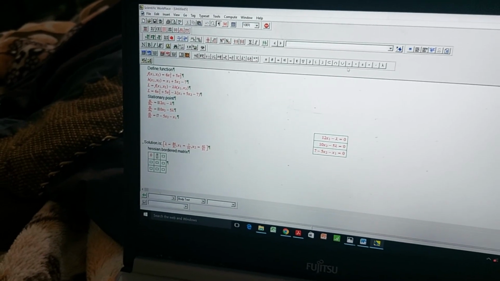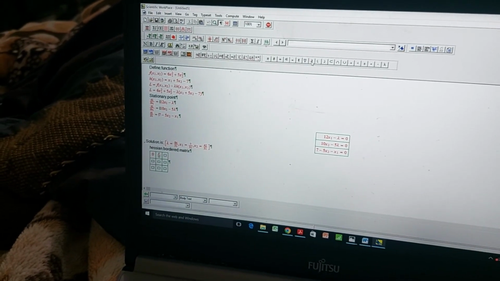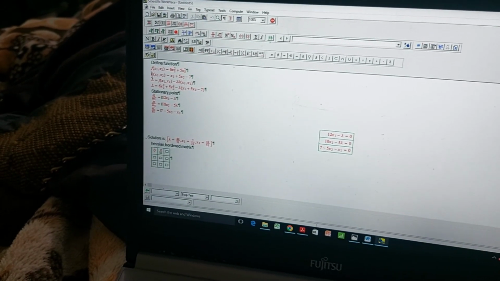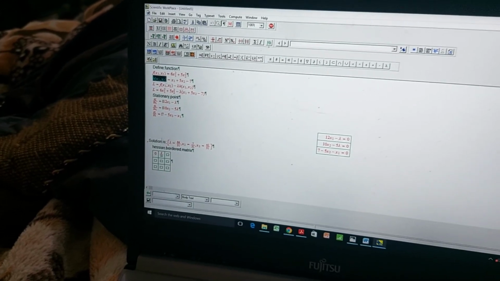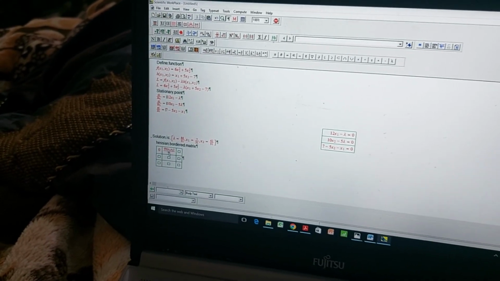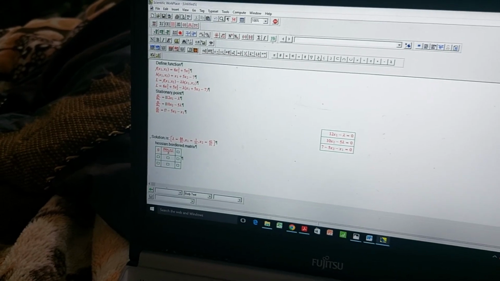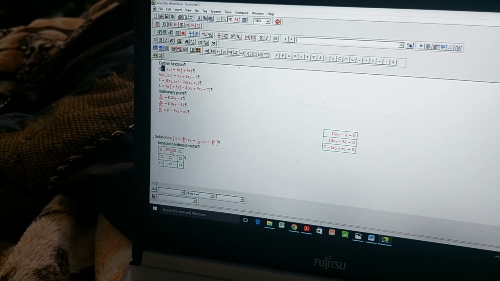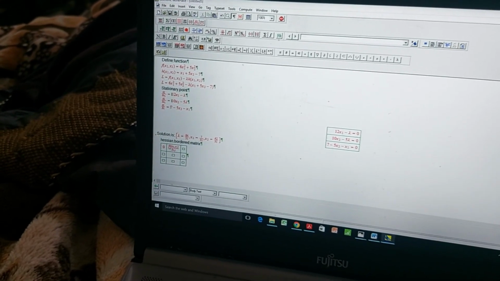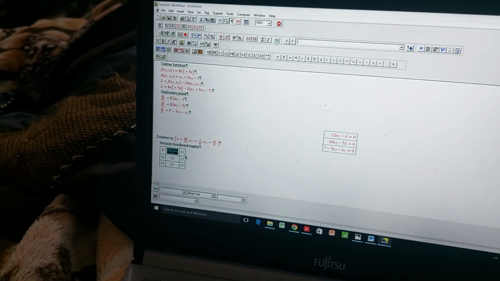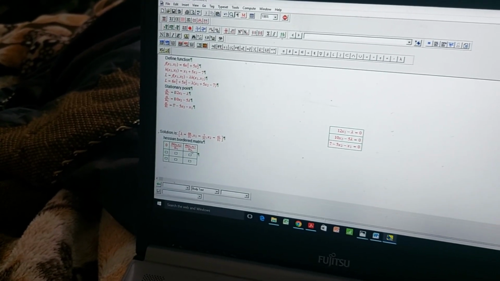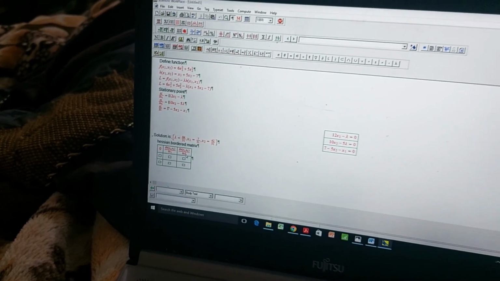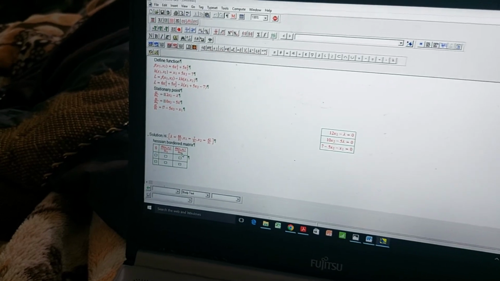Then for the third element, I paste it over here, and instead of x1 I put x2, using Control L and putting 2 over here.